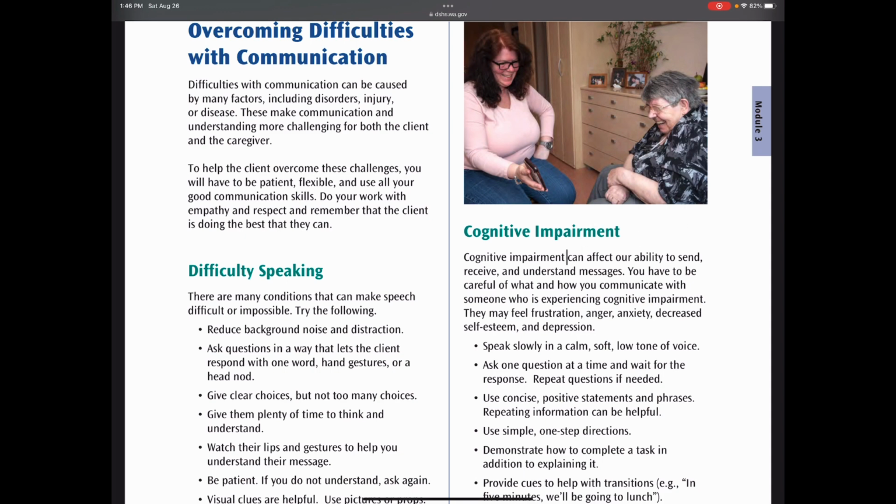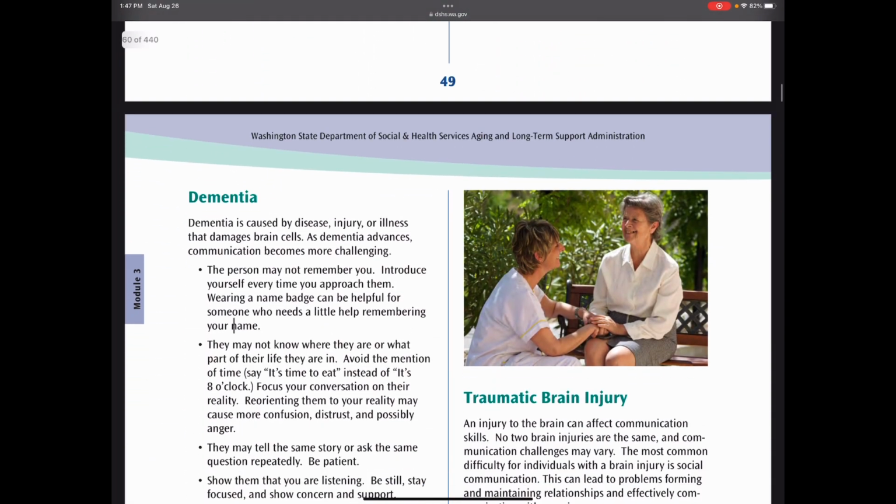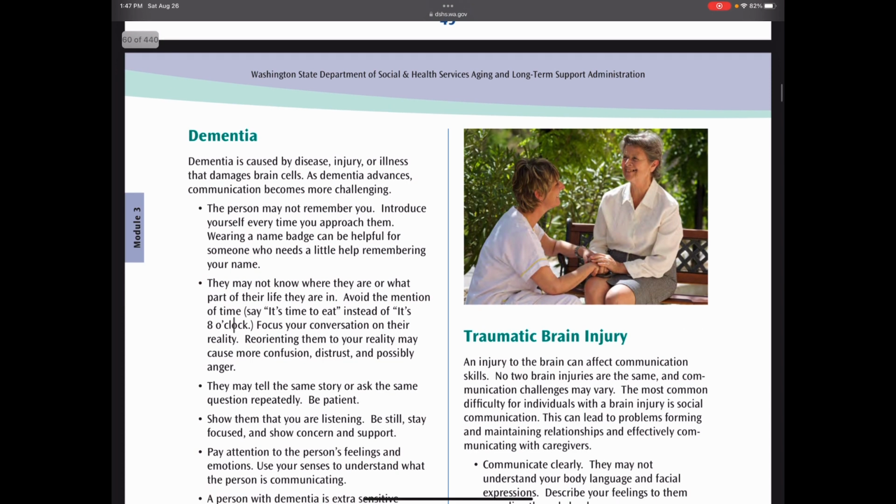Cognitive impairment can affect our ability to send and receive and understand messages. You have to be careful of what and how you communicate with someone who's experiencing cognitive impairment. These people, their ears work, they can listen, but they don't understand the words. In some people with dementia, over time, when the disease progresses, they will lose the ability to understand you.